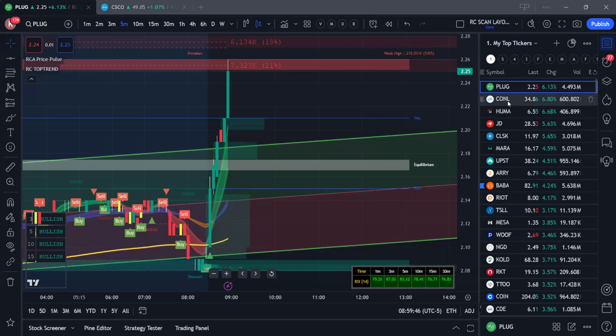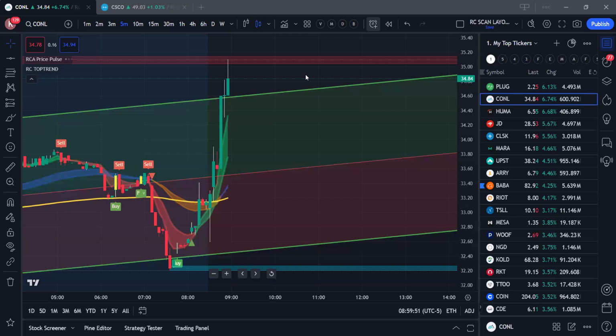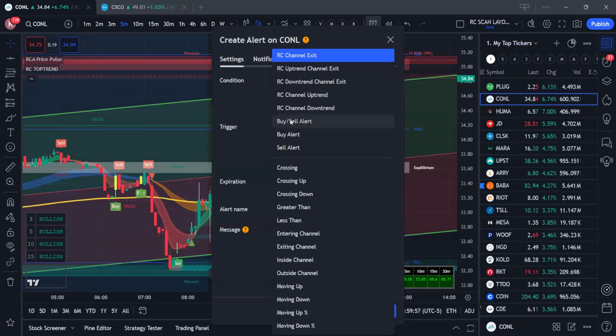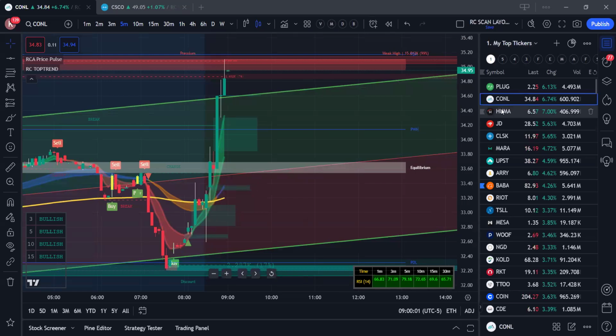In the same way, COIN is moving good. Today, all the Chinese stocks and Bitcoin related stocks are moving good.